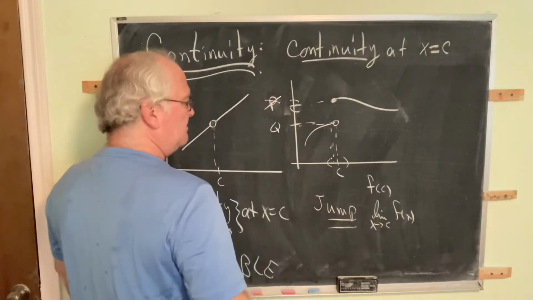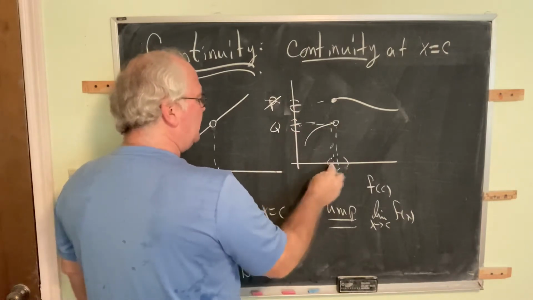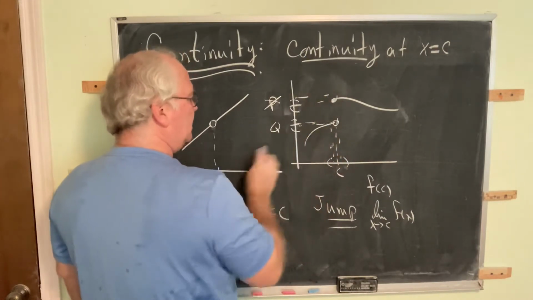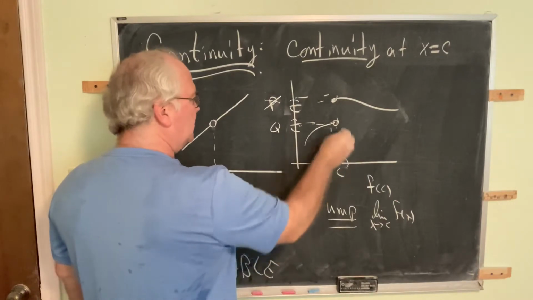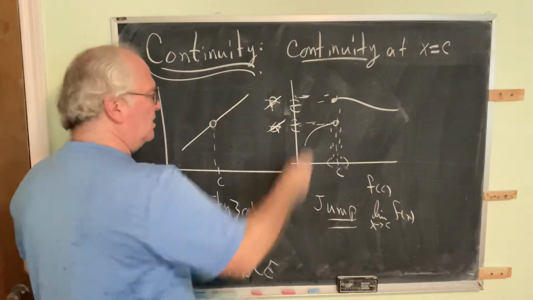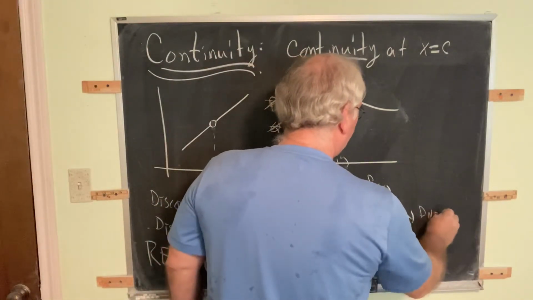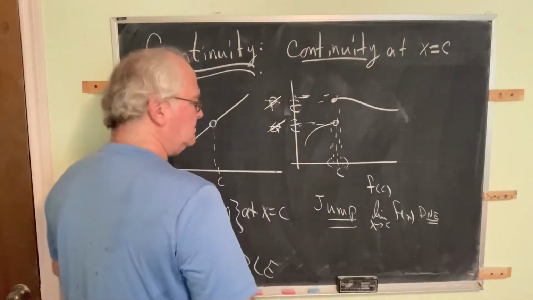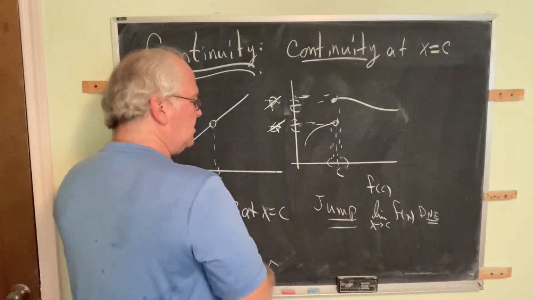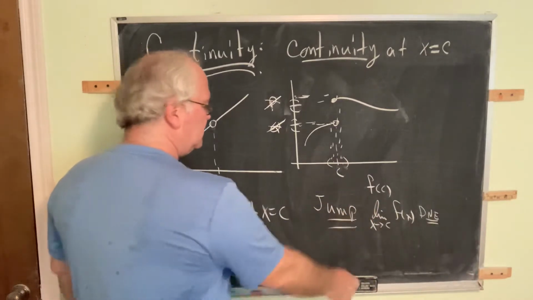So P is not the limit. And if you form an epsilon interval around Q, then for my delta interval, these function values don't get inside the epsilon interval around Q. And so it's not P, it's not Q. It can be shown there is no such value, so this limit does not exist. So in a jump discontinuity, the function might be defined, but the limit doesn't exist.